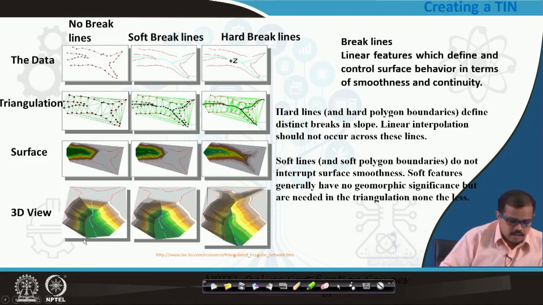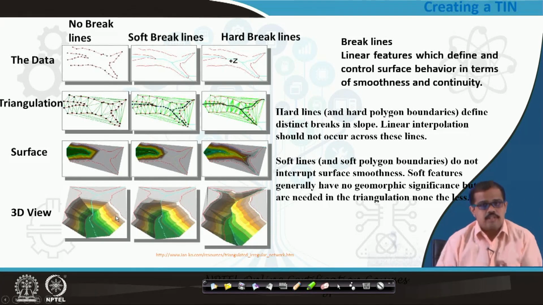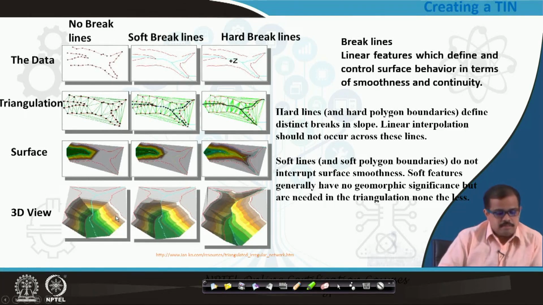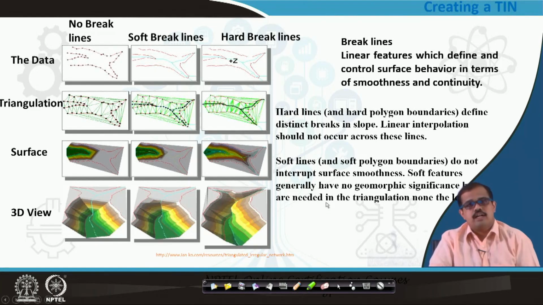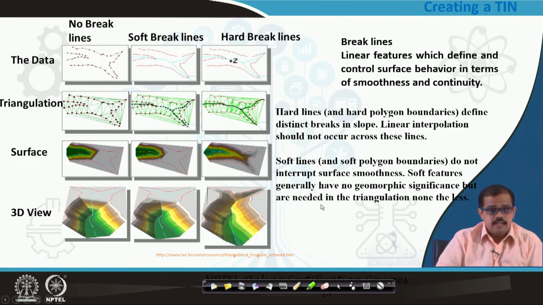The one here has been rotated to minus 90 degrees so that you can see it. This is where you have lower points and this is where you have the higher points, that is the plus z values. So, this is how a triangulated irregular network is built and then converted into a 3D view.